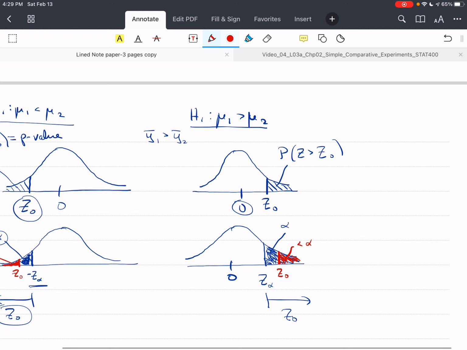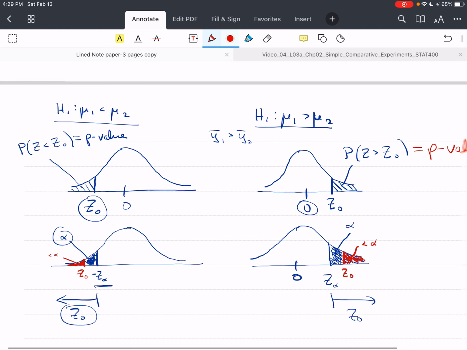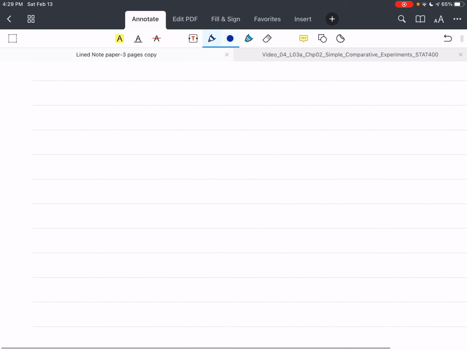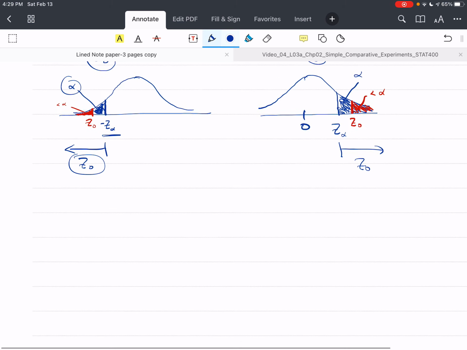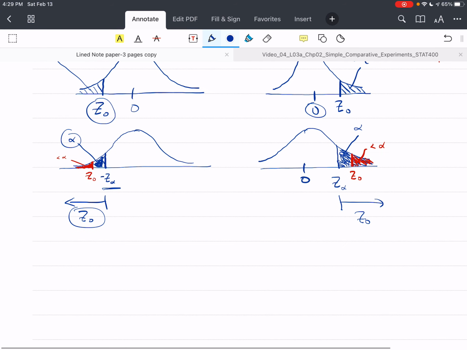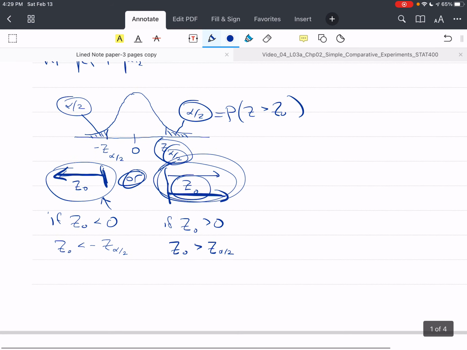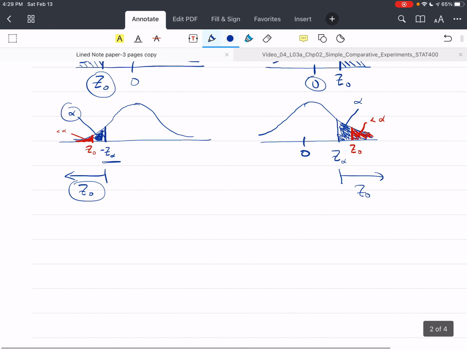Now, this is the p-value here, and this is the p-value for this case. Again, the more confusing case is the not equals to, which is the case that we're going to use the most. I don't know what exactly happened to my drawing for that, but we'll draw another one.